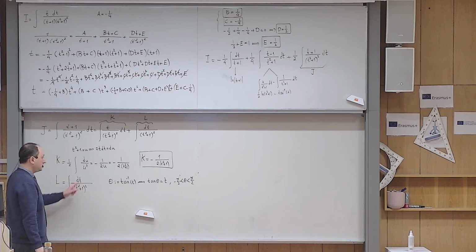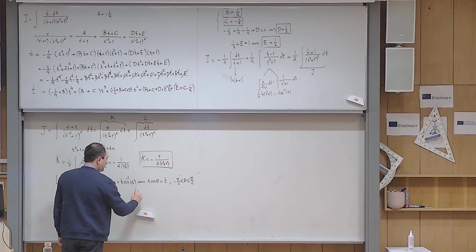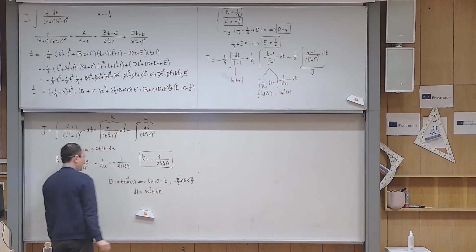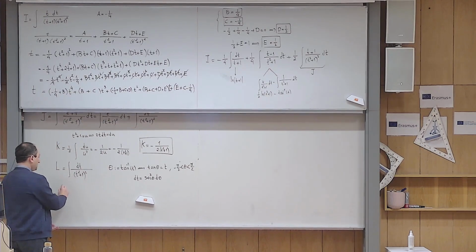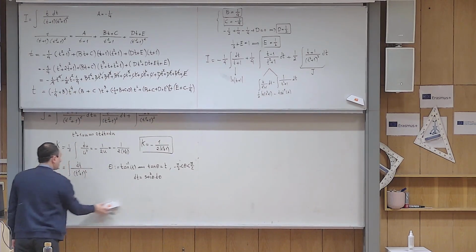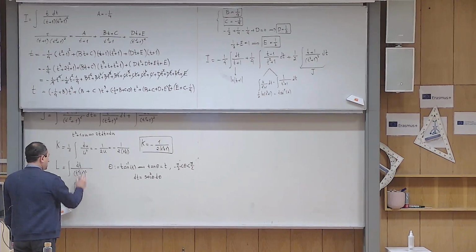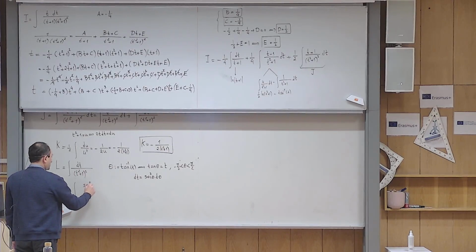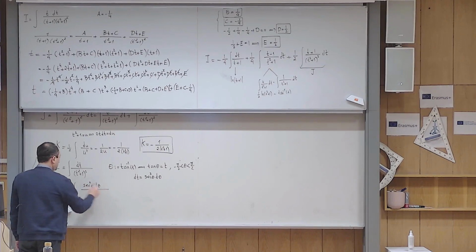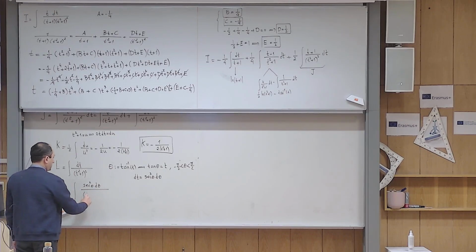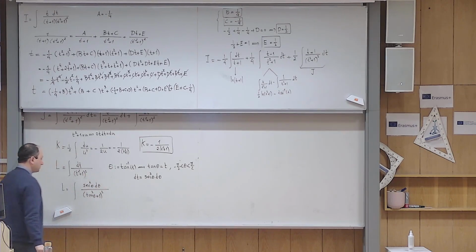Okay, but I also need dt, so it motivates me to differentiate t. So the derivative of tangent is secant theta squared and then d theta. So then integral L can be written as what? Integral. Instead of this, I write secant theta squared d theta. And in the denominator, I would write tangent theta squared plus 1 to the power of 2.